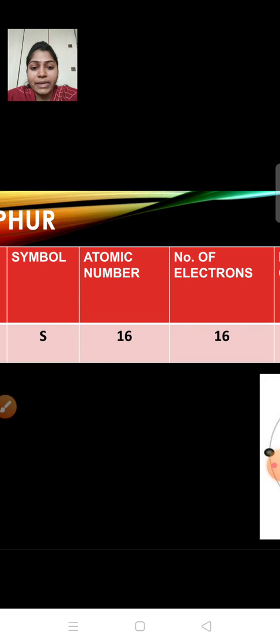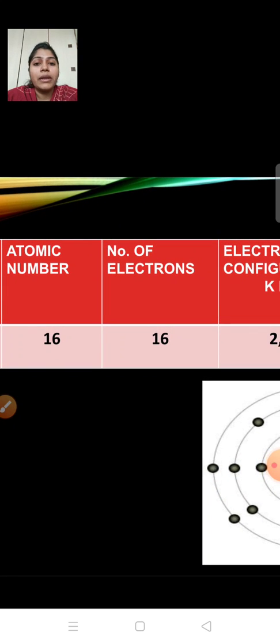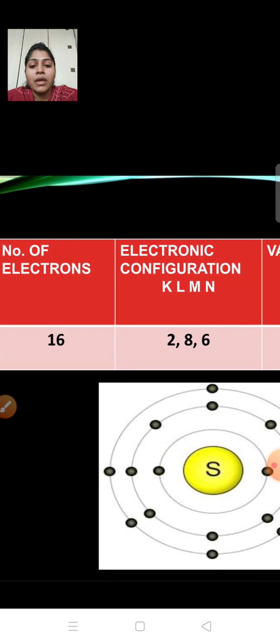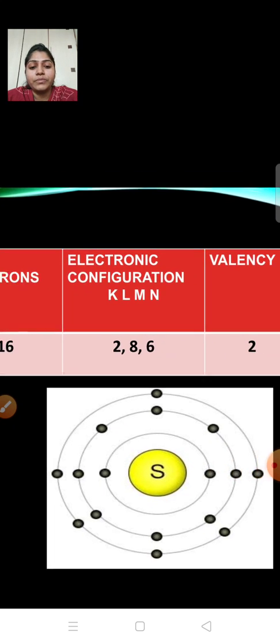Next one is sulfur. Symbol is S. Atomic number 16. Number of electrons 16. Electronic configuration 2 electrons in K shell, 8 electrons in L shell and 6 electrons in M shell.